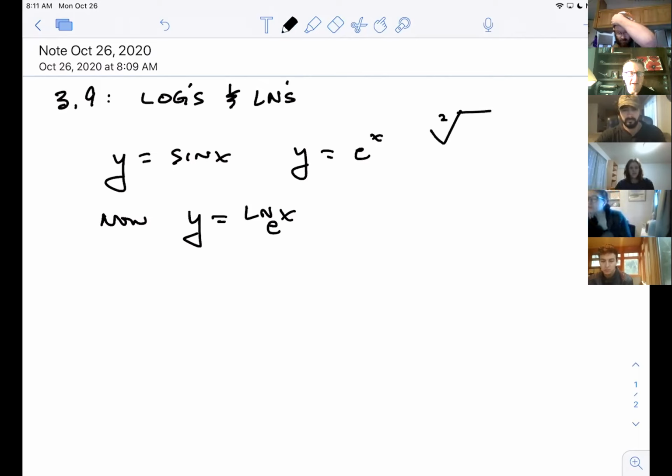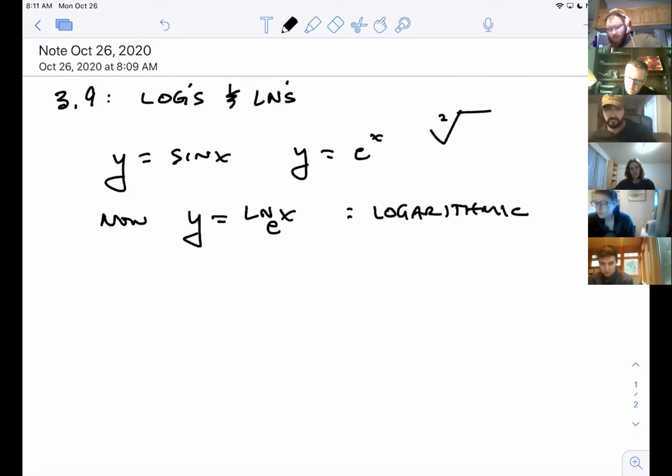Natural log has an e down there for its base. The base of a natural log is an e, which means if I switch this from its logarithmic form to exponential, that would be e to the y equals x. This is its exponential form.